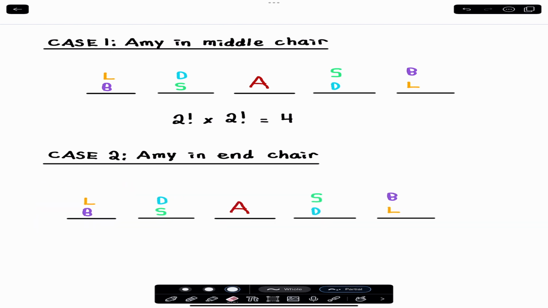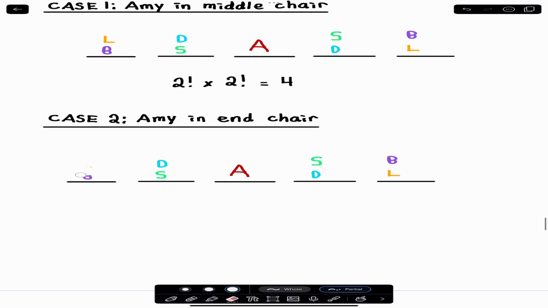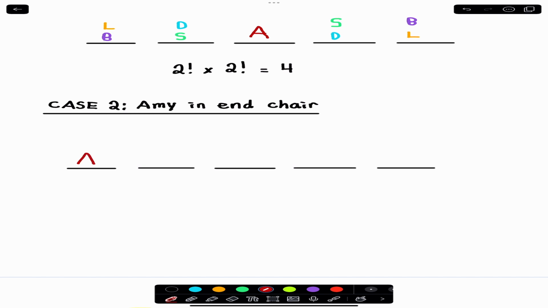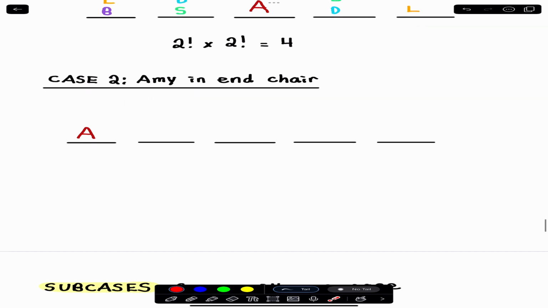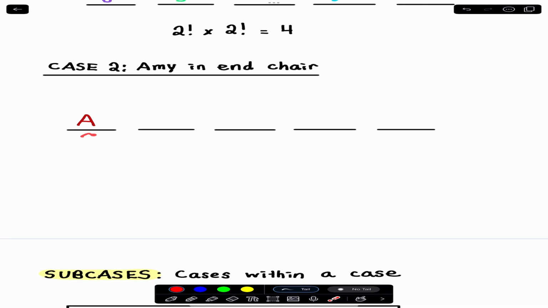So this time, I'm just going to erase this. We're going to be going over the case of Amy being at this end, but keep in mind that she has 2 possible choices for the end seat she could be in. She could either be in this end or this end. So she has 2 choices for the end.